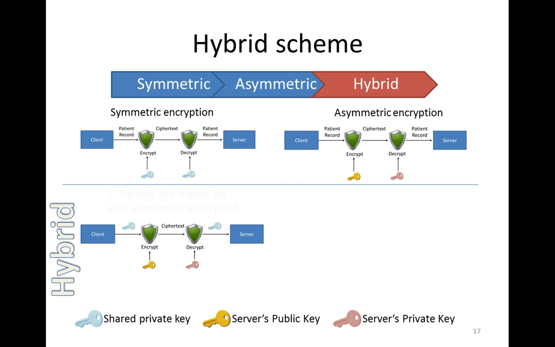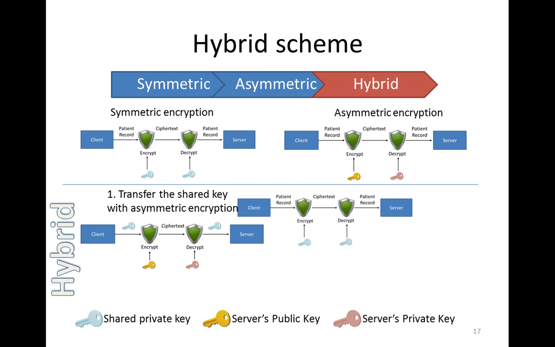First, we're going to use the asymmetric encryption, but rather than encrypting the patient record, we're going to encrypt the key, the shared key. That's the first difference, but otherwise, it's just the usual asymmetric encryption. The purpose of this is to generate a symmetric key to be shared by both parties.